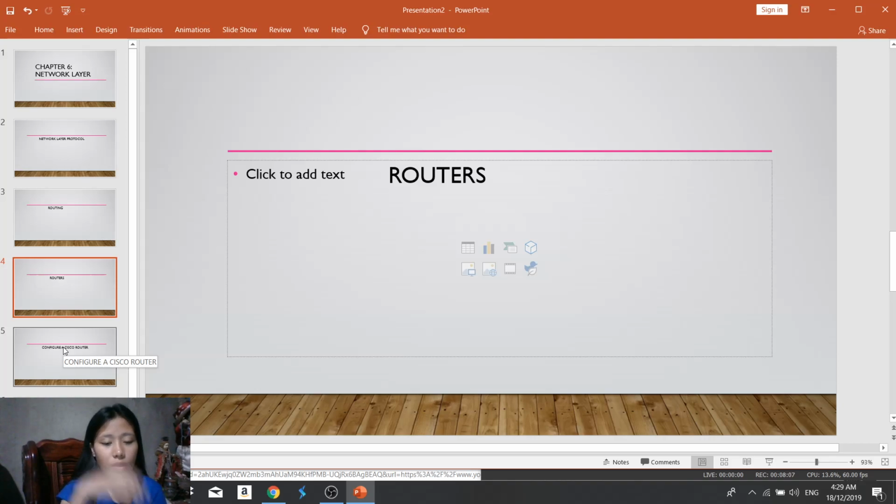Also, a Cisco router uses four types of memory: RAM, ROM, NVRAM, and flash. RAM is volatile memory used in a Cisco router to store applications, processes, and data that need to be executed by the CPU.